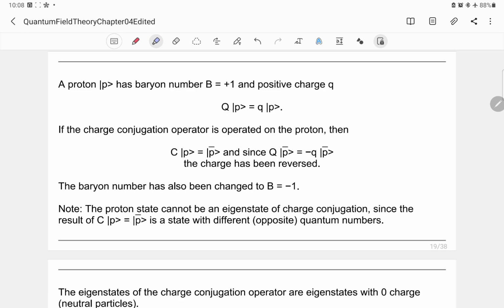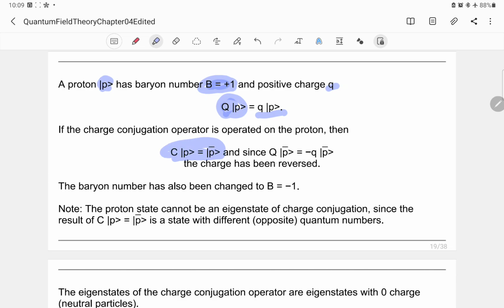To illustrate that, you have a proton P here, which has a baryon number equal to +1 because it's a particle, and the positive charge Q. So QP is the charge operator here, which gives you the charge of the proton Q. If the charge conjugation operator is operated on the proton, then your proton becomes an antiproton.